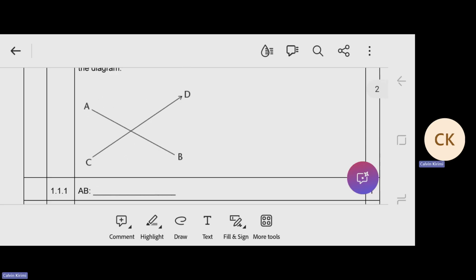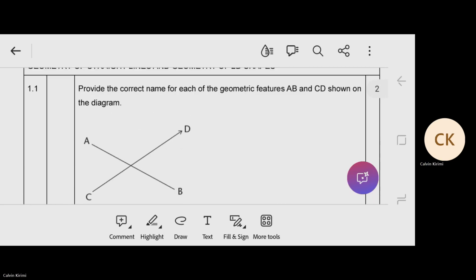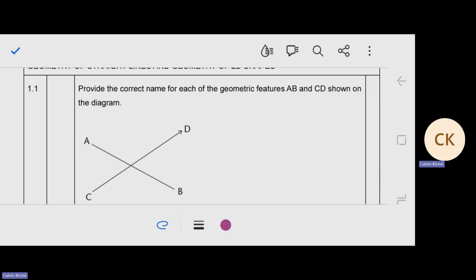To write whether a segment, a line having a definite starting point and a definite end point.